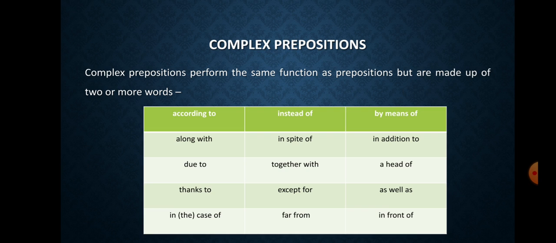The next ones are along with, in spite of, in addition to, due to, together with, ahead of. So, this table shows some of the examples of complex prepositions which we are going to utilize to solve the exercises given in the grammar book based on complex prepositions.